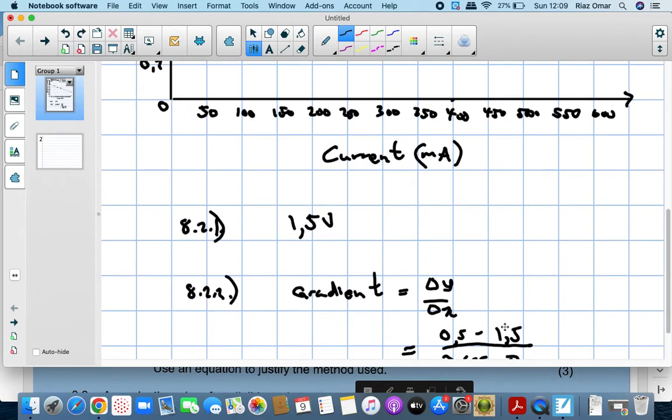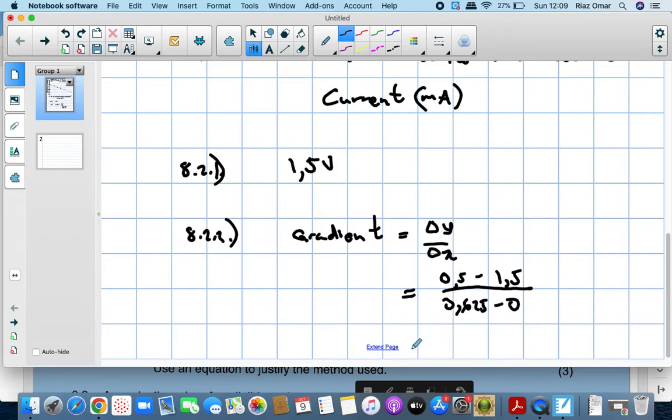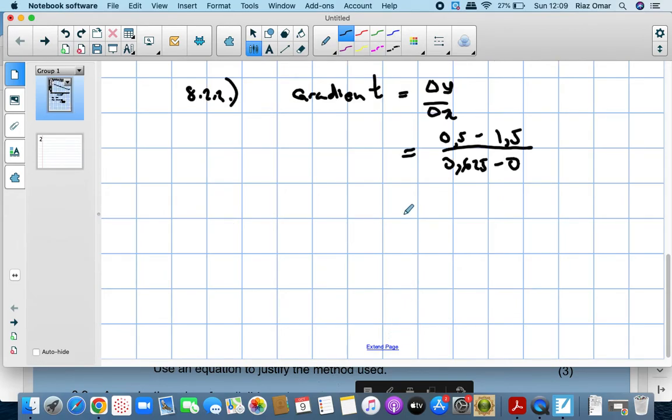So it will be 0.5 minus 1.5 divided by 0.625 minus 0, and we get minus 1.53 ohms. That will be our internal resistance, but internal resistance cannot be negative, so the internal resistance will be 1.53 ohms. That will be the answer we're looking for.